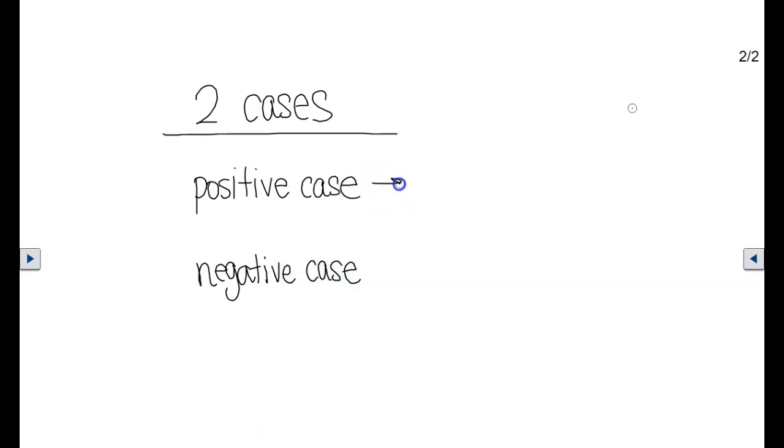For the positive case, I'm going to write as is. And what I mean by that is that it is just like the problem, but without, so I'm going to abbreviate without, like that, without the absolute value bars. So just like the problem without the absolute value bars.